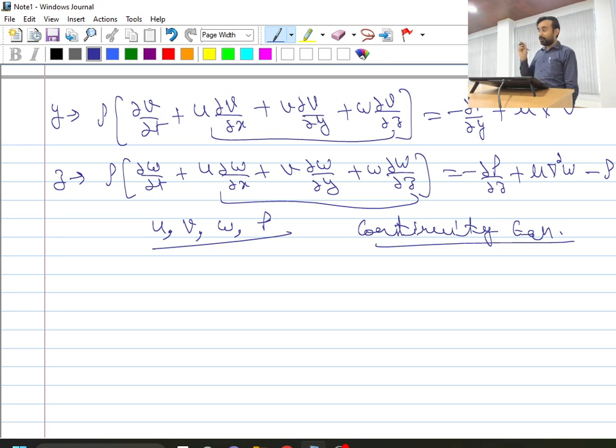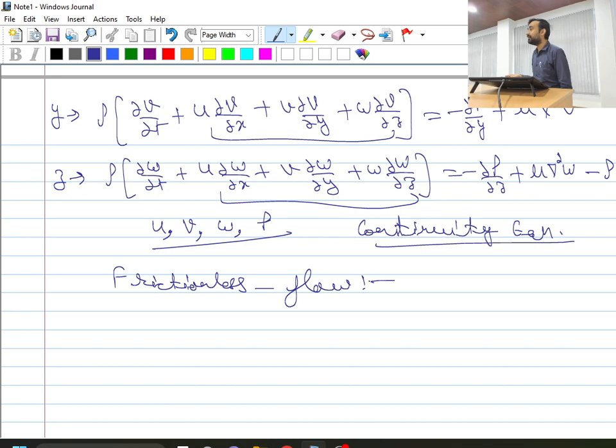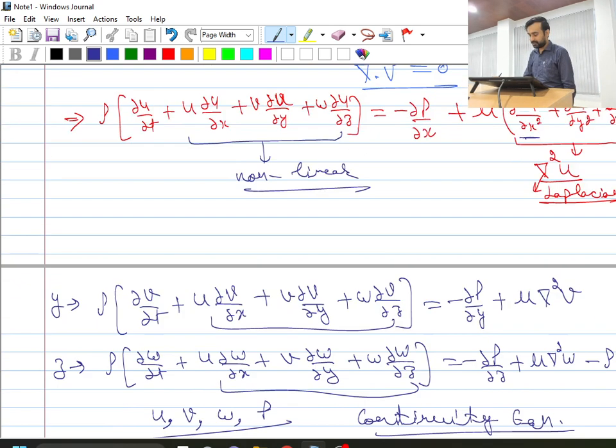Now comes one very important assumption. In any situation, if I can consider that my flow is frictionless, then ultimately the effect of mu will vanish. If the effect of mu is vanishing, then these terms will not be playing any role.